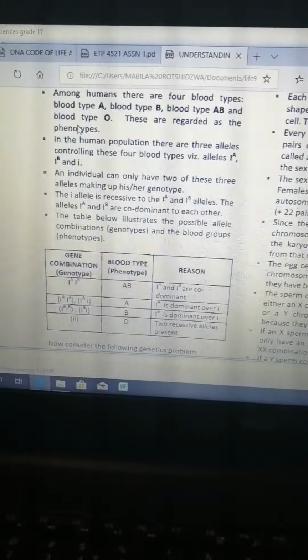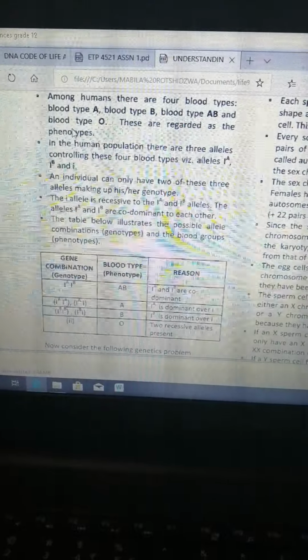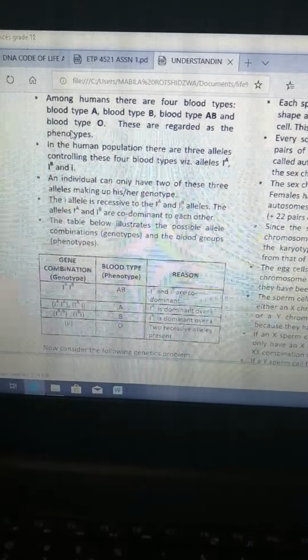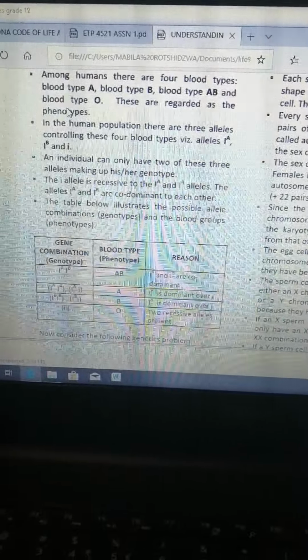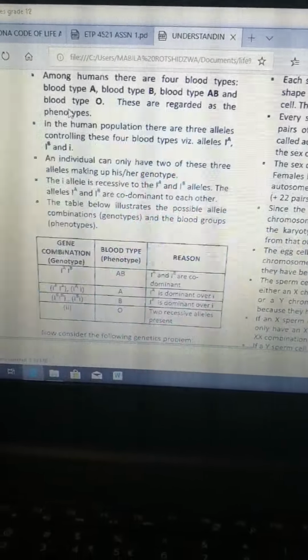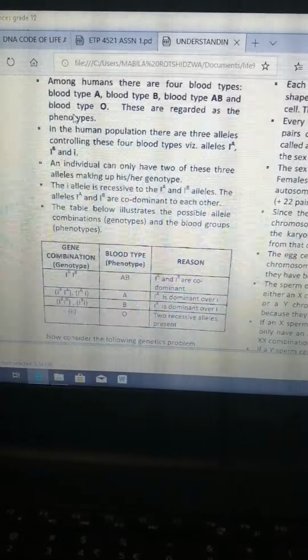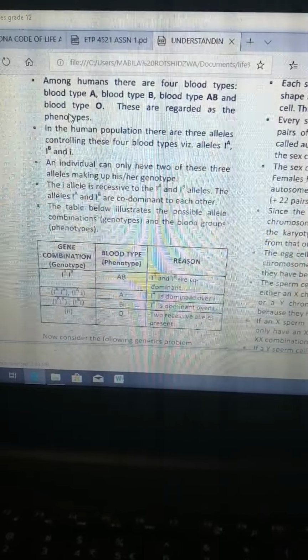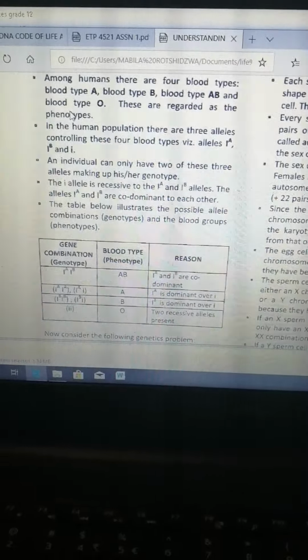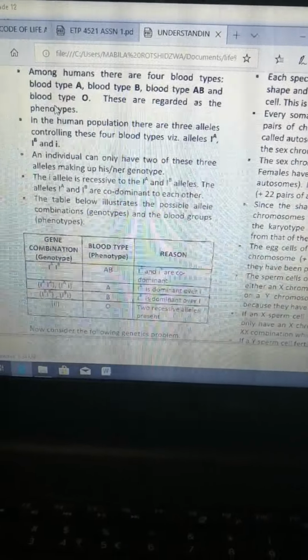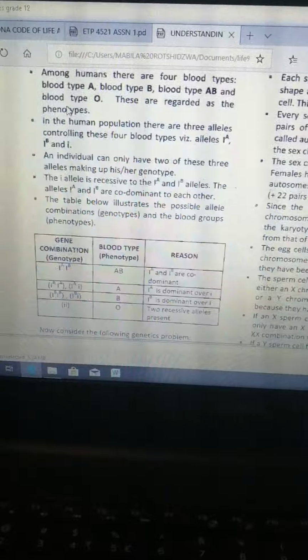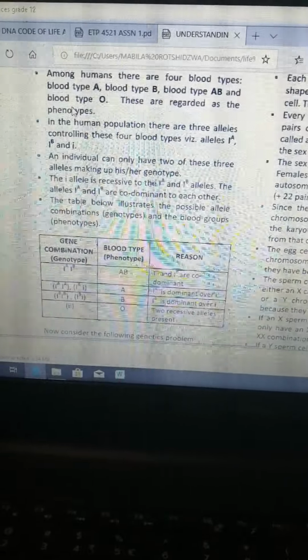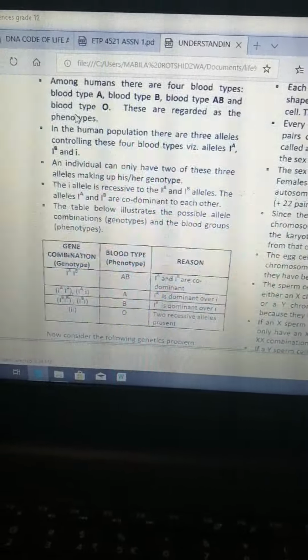You cannot have more than 2 alleles in your genotype, meaning that a normal human being will only possess 2 of the above alleles in the genotype, or the genetic makeup.